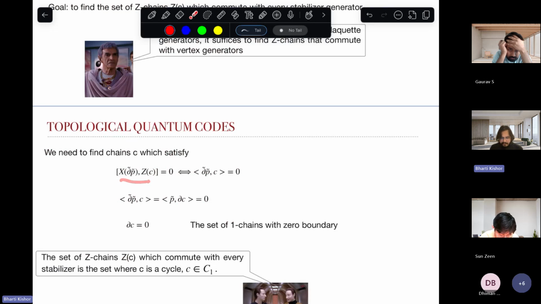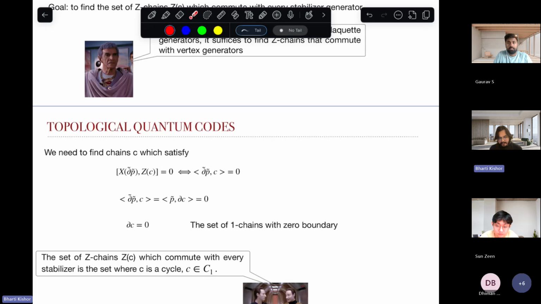But this is nothing but the inner product of delta tilde p tilde with c equal to 0. I can take delta tilde and push it in front of c, so p tilde delta c equal to 0, which means delta c should be equal to 0.